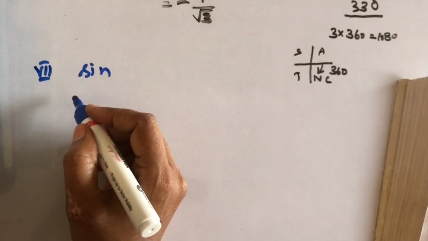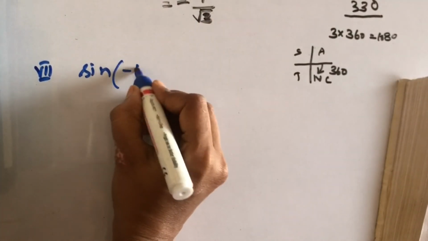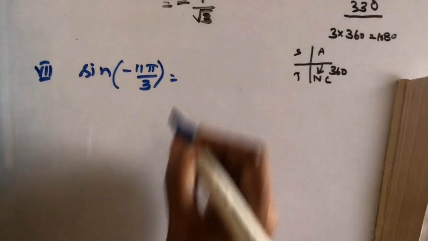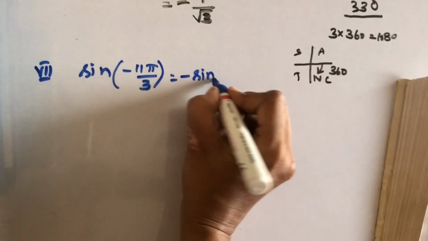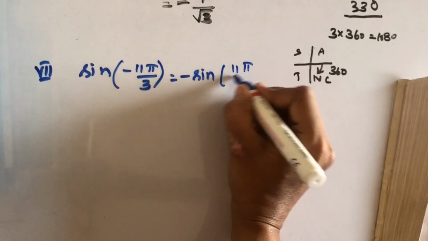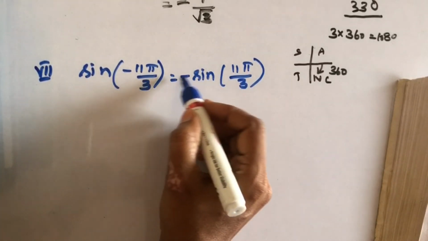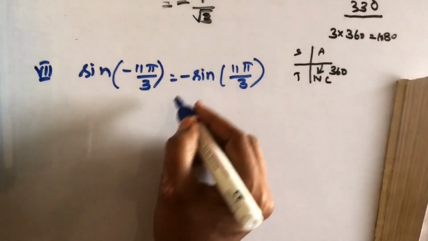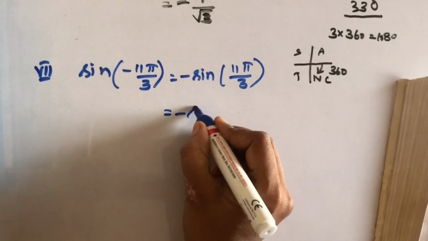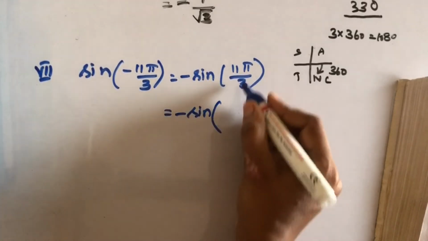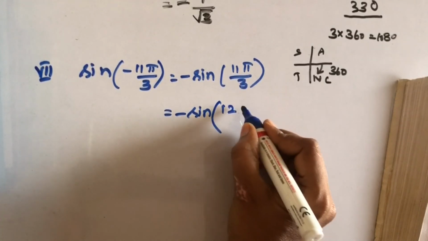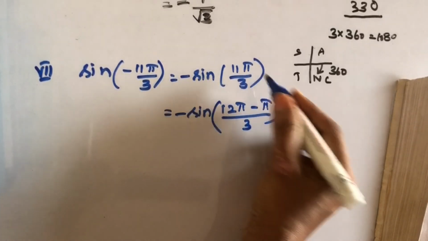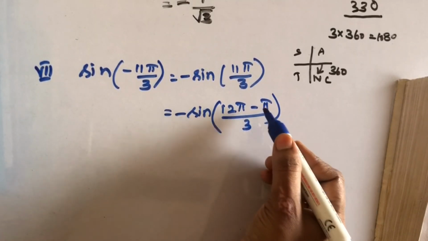The seventh one, sine of minus 11 pi by 3, and it is equal to minus sine 11 pi by 3. Minus is coming outside because sine is an odd function. I write it as minus sine of 12 pi minus pi, by 3. 11 pi, I write it as 12 pi minus pi.